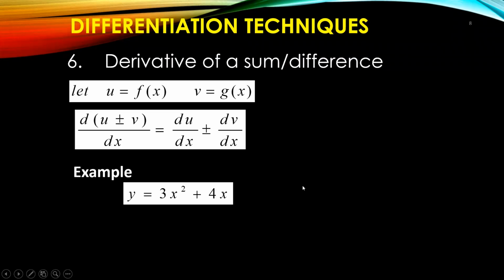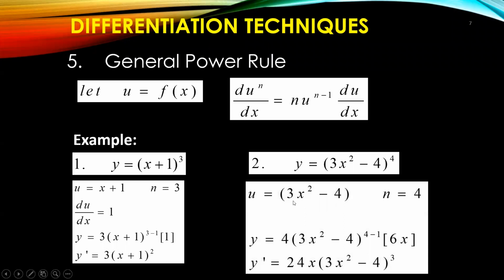The du over dx is simply 6x minus 0, so you don't need to write 0 anymore. So n u to the n minus 1, and then the derivative, which is 6x. So that is the final answer for the general power rule.